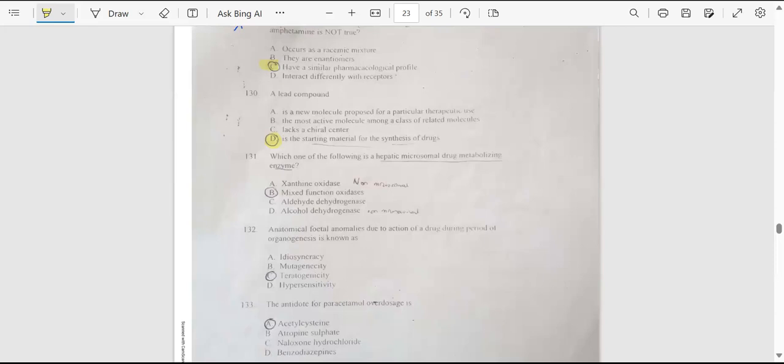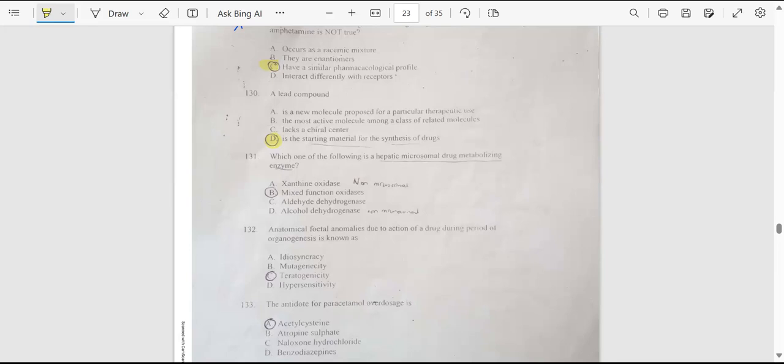Okay, just a minute. Divya has sent a link that shows what a hit molecule is. It says a hit molecule is a compound that exhibits desired therapeutic activity at a given target molecule.